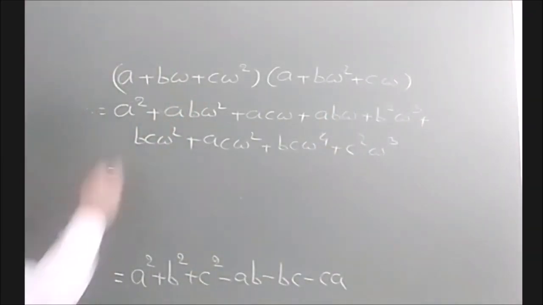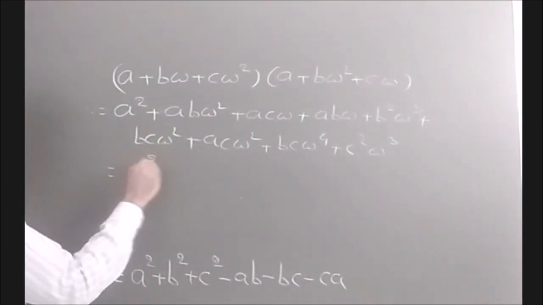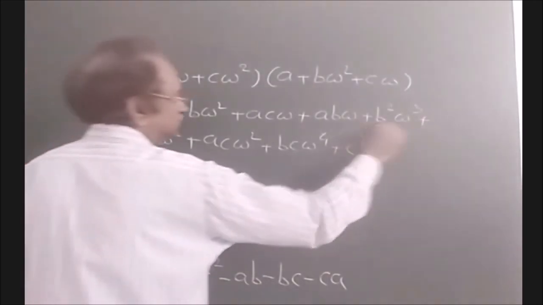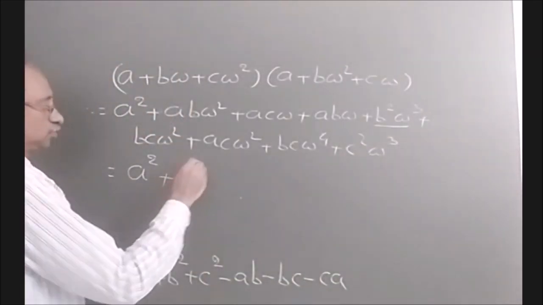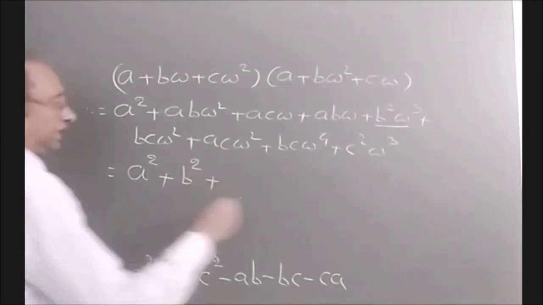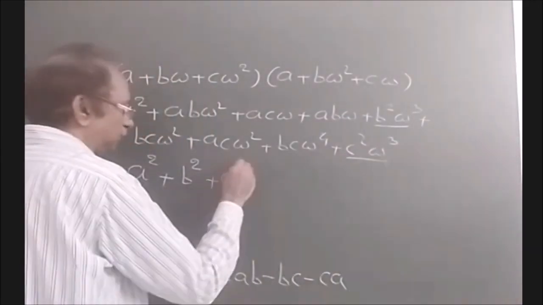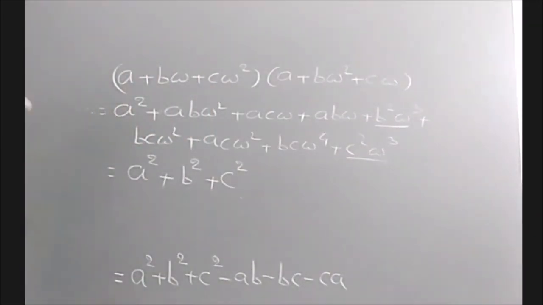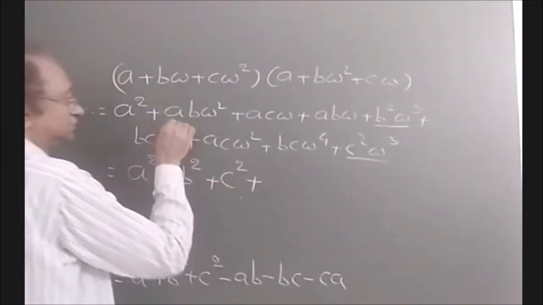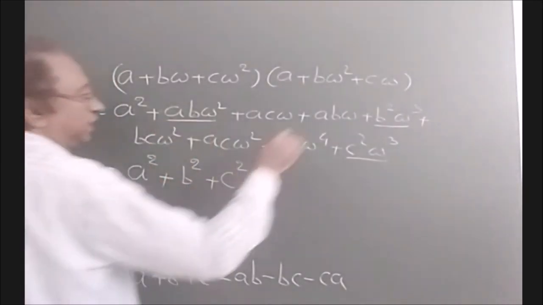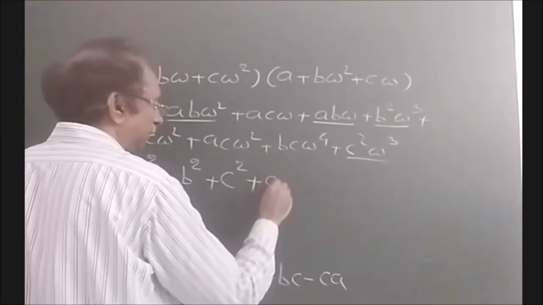So this is equal to A square, no doubt, plus this is also B square because omega cube is 1, plus this is also C square because omega cube is 1, plus see here, this is AB omega square, this is AB omega.